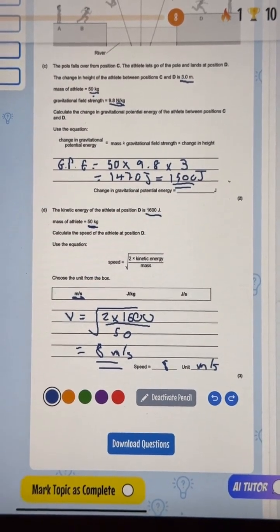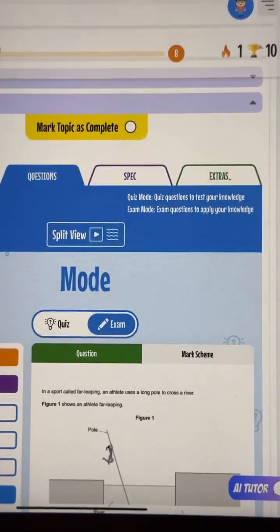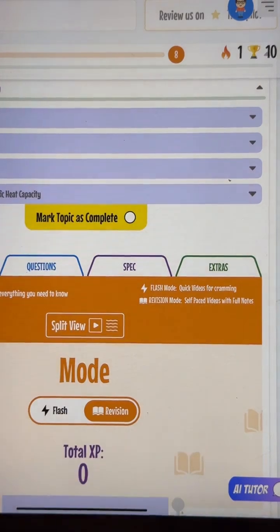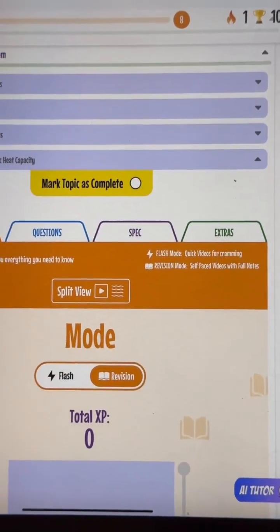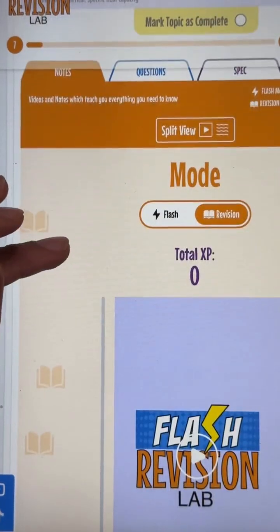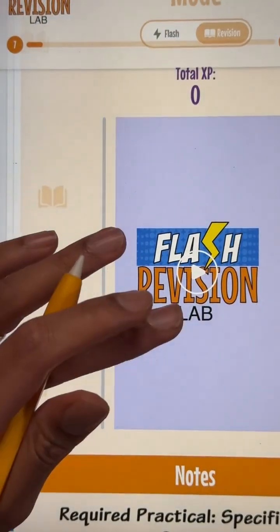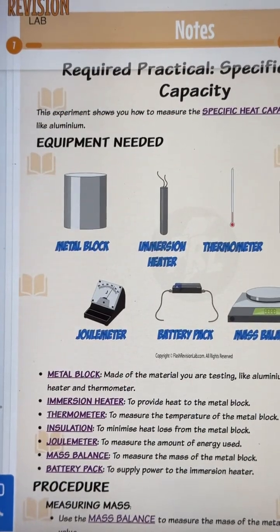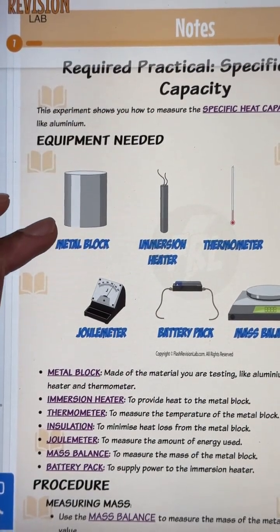Awesome. So I want to move on just to try a question on specific heat capacity. So I'm going to go to this topic over here for specific heat capacity. As I mentioned, you can go through the notes and check out the video. You can see here, press play, and it will go through things in the notes, but with a bit more detail, and also questions.